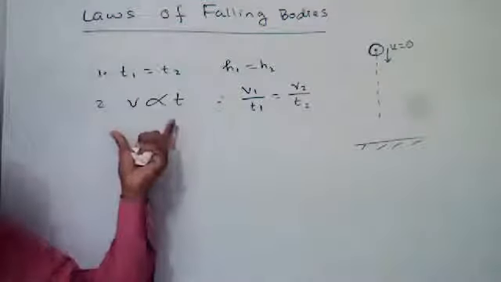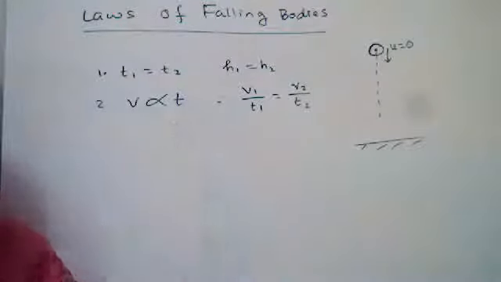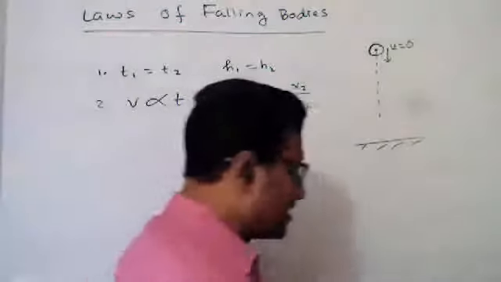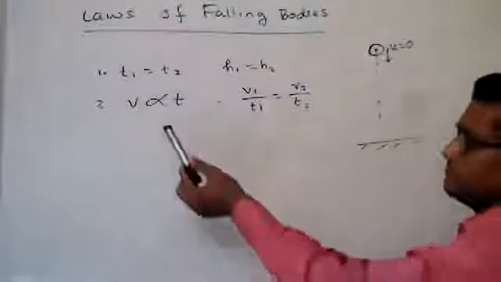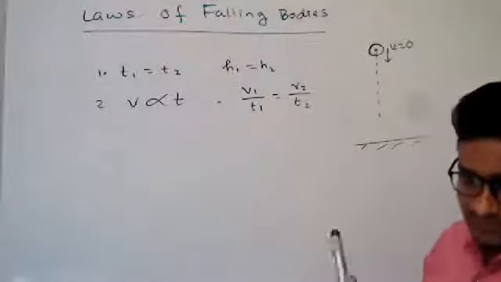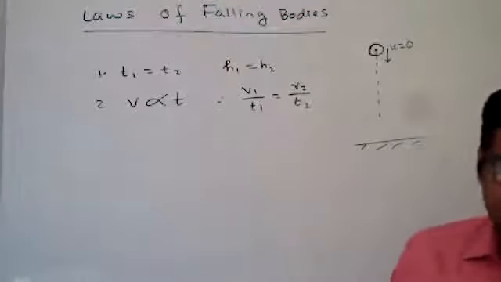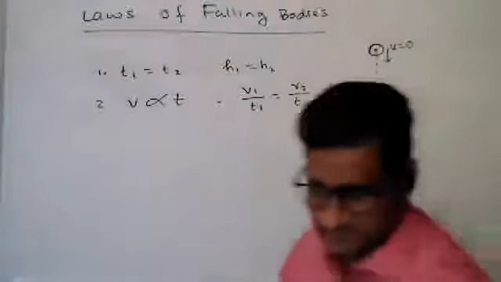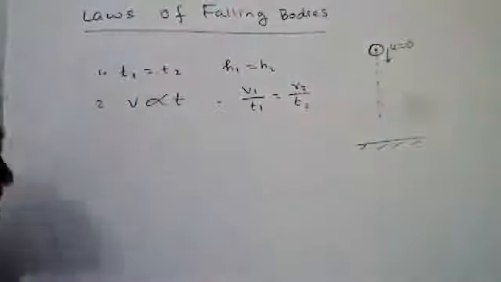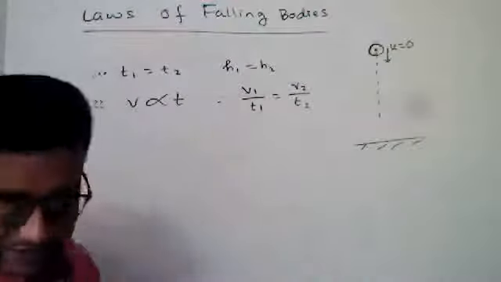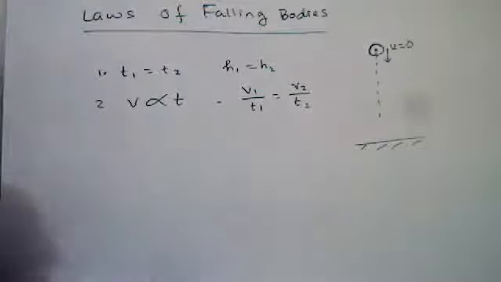This phenomenon is known as the second law of falling body: V proportional to T. From this we can say if time is increased, then the velocity will be increased. V proportional to T, and from this V1 by T1 equals V2 by T2.